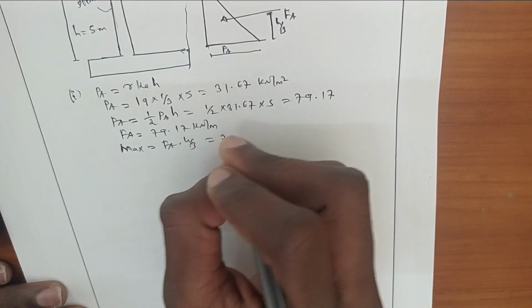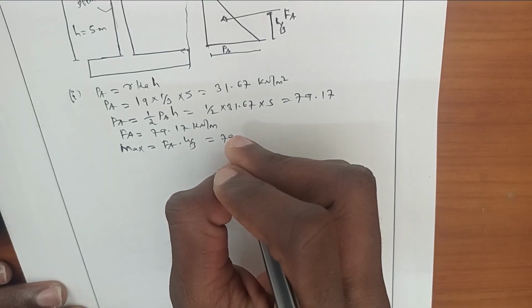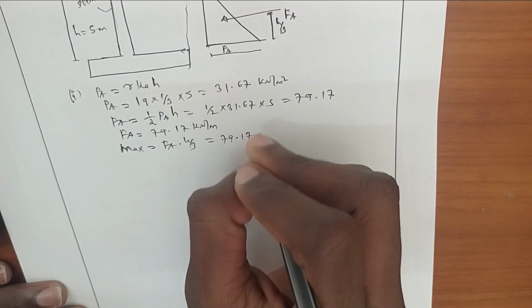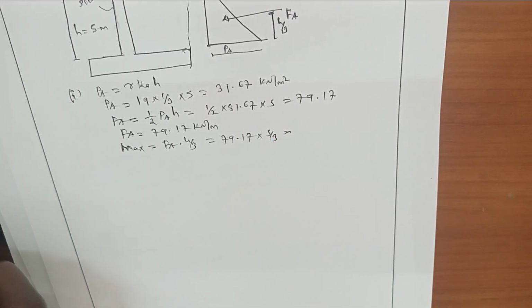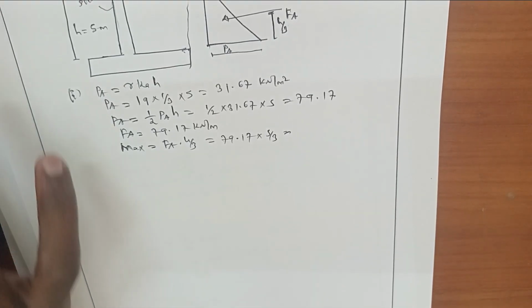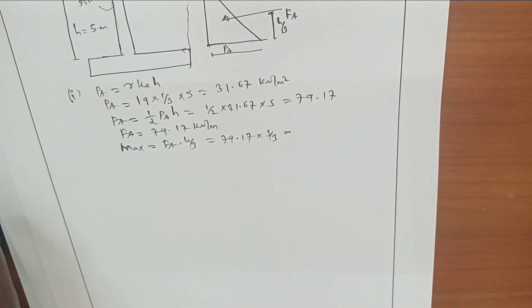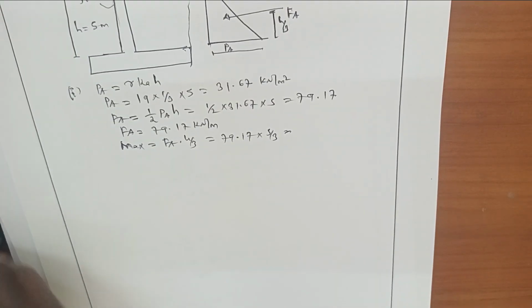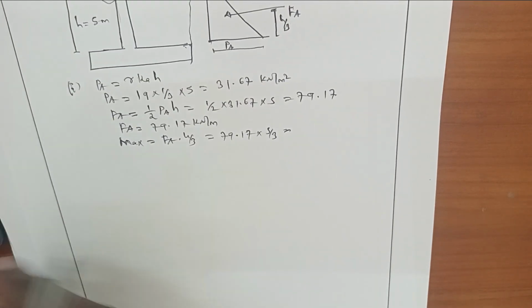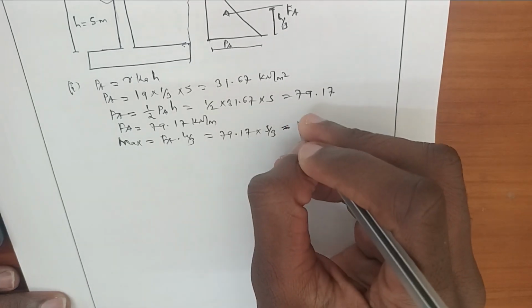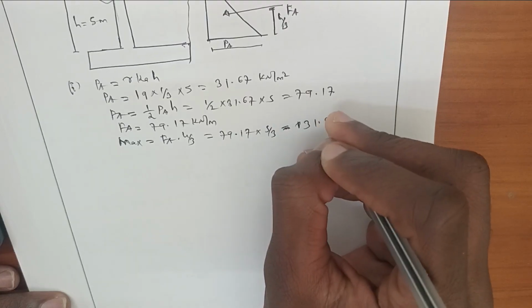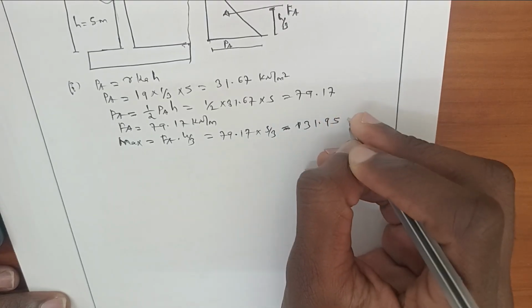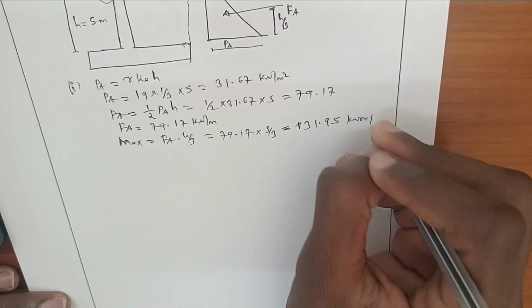So it will be equal to 79.17 times H, which is 5 divided by 3. It will be equal to 131.95. This is kilonewton meter per meter.